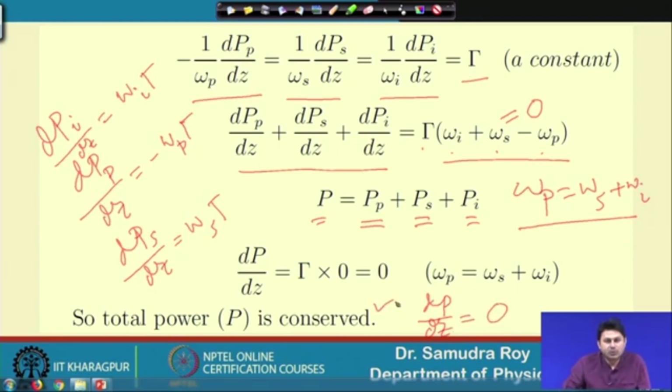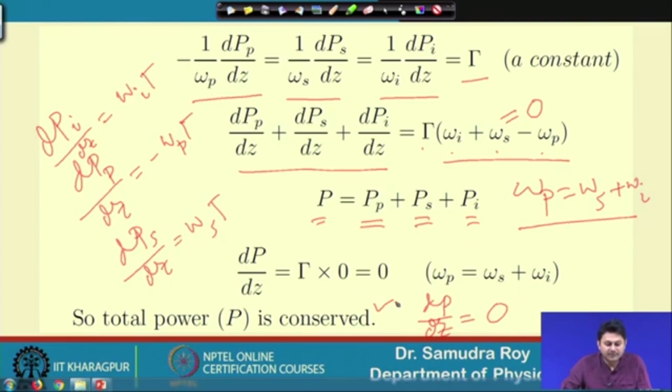So, Manley-Rowe equation is nothing but the conservation of total power or the total energy. This is another representation to show that from the Manley-Rowe relation we can derive an important thing, which is the conservation of total energy.